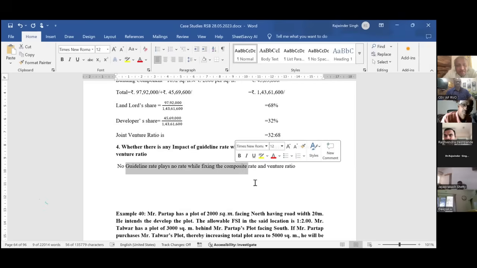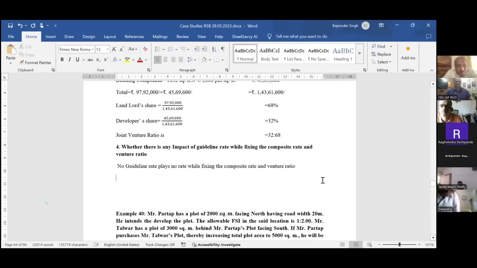Sir, in practice, what is the maximum JV ratio observed in Delhi or most developed areas? So it will depend upon the rate. If the rate of land is very high, in case of NCR, land rates are quite higher.